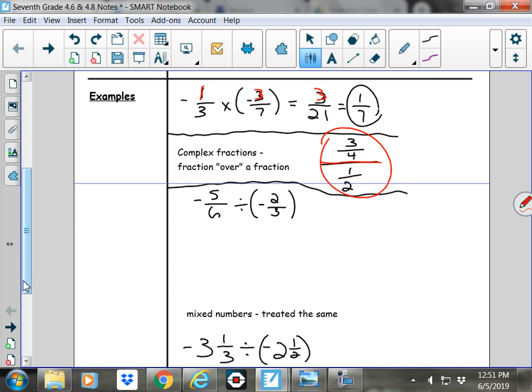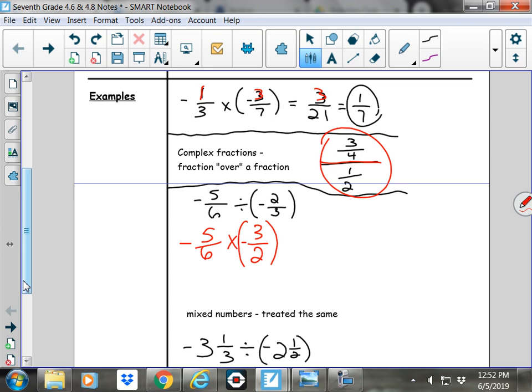So we do the same thing we did in 6th grade: keep, change, and flip. We're going to keep that fraction the same, change the division sign to multiplication, and flip this one and bring the signs along. You can keep the parentheses there to keep everything clean. We should be calling this multiplying by the reciprocal instead of keep, change, flip, because we are multiplying by the reciprocal of negative 2/3, which is negative 3/2.